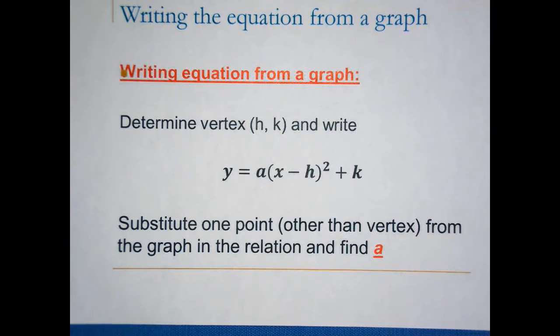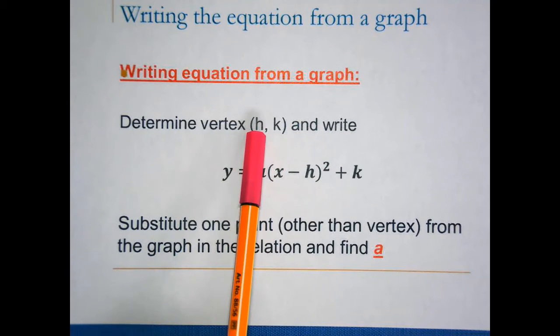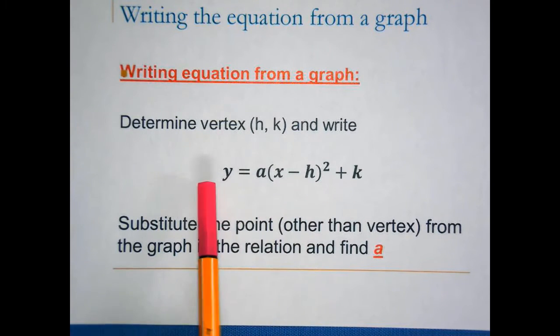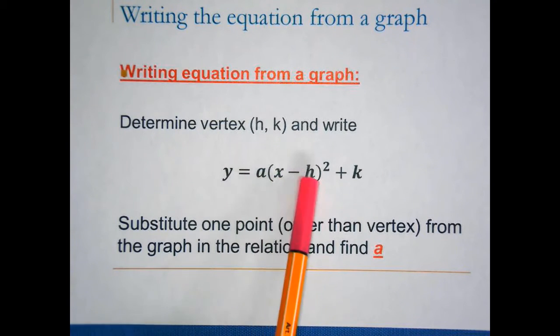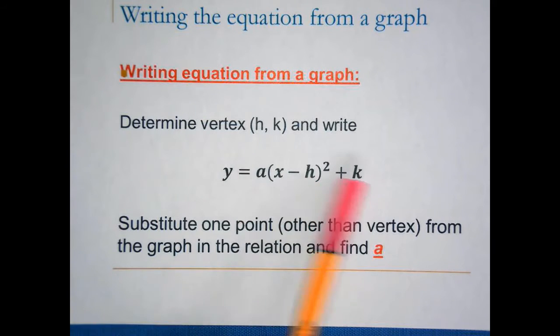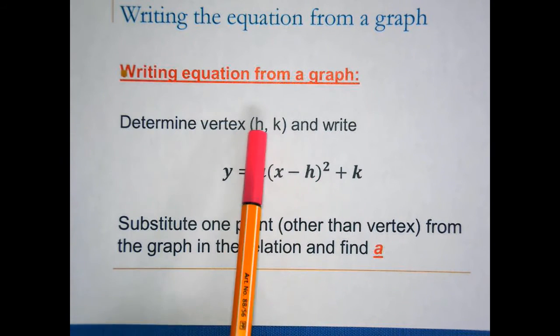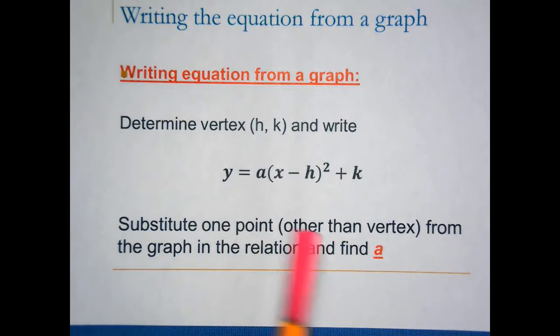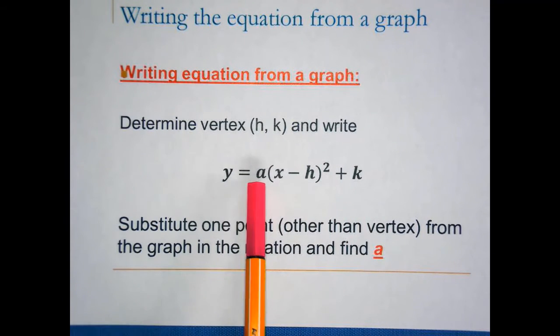Now, the steps to do that are, first of all, you recognize what your vertex is in terms of h and k, a point, and then that will allow you to substitute that in this generic equation. Opposite of what you see, h goes here and then k goes here, and the next part will be finding a.